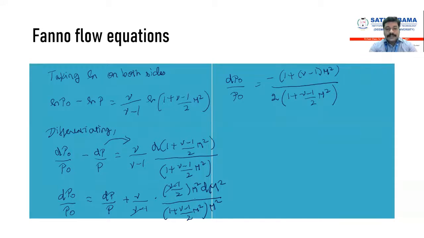Here also we have the right hand side of dM square by M square, and then plus gamma M square divided by 2 into (1 plus (gamma minus 1) M square).